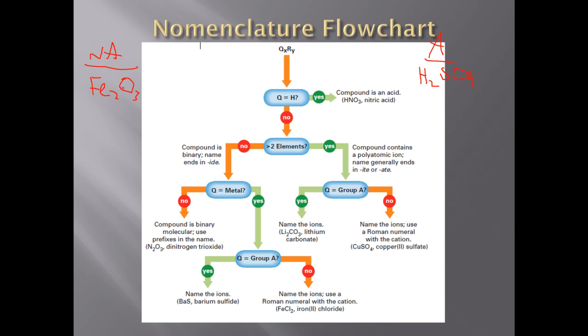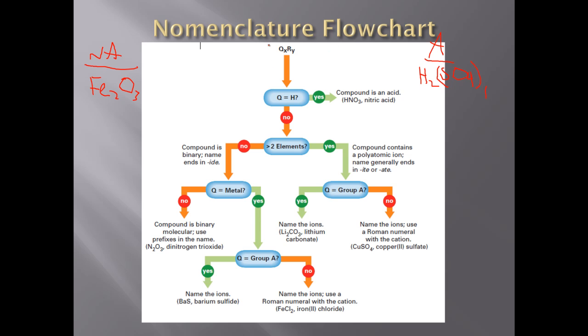So let's go through here. First, this is a non-acid because it does not start with an H. This is an acid because it starts with an H. As we follow the flowchart, the Q is the Fe in this example, the X is the 2, the R is the O, and the Y is the 3. On this side, the Q is the H, the X is the 2, the R is the SO4, which we could put in parentheses, and the Y would be a 1.